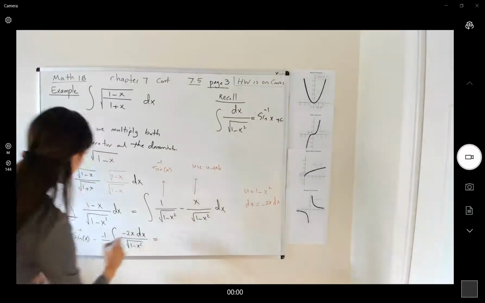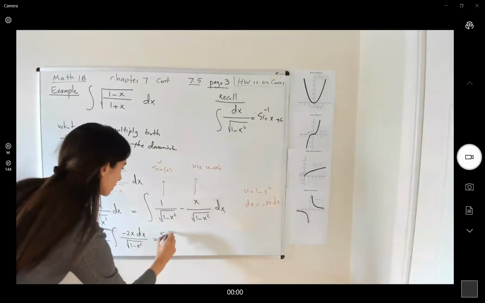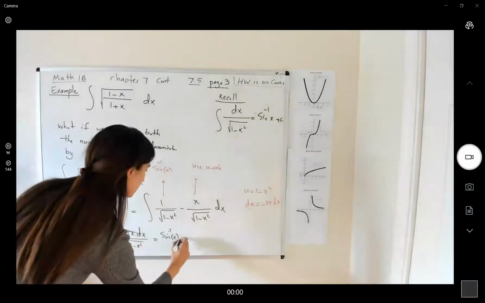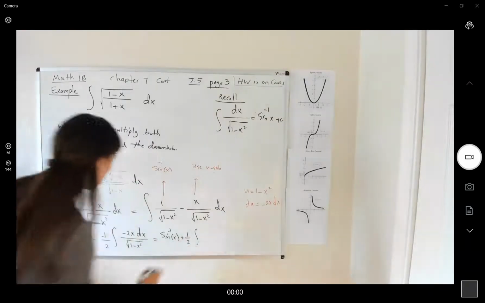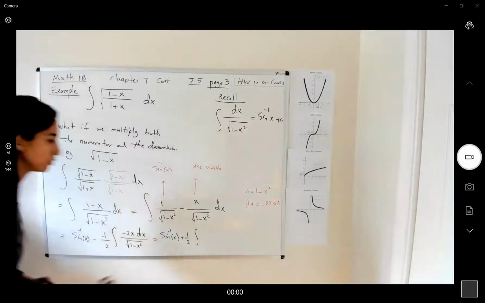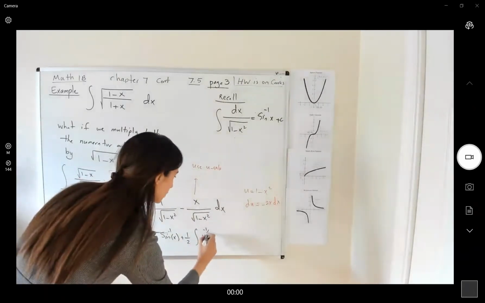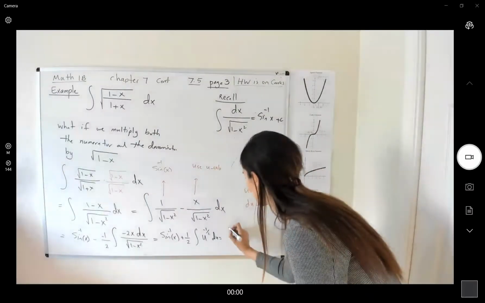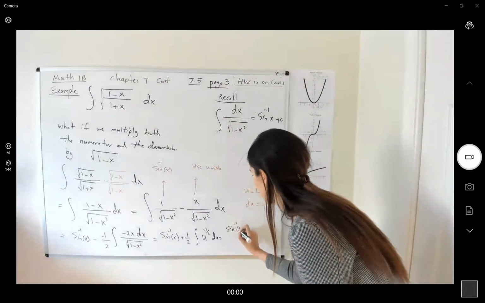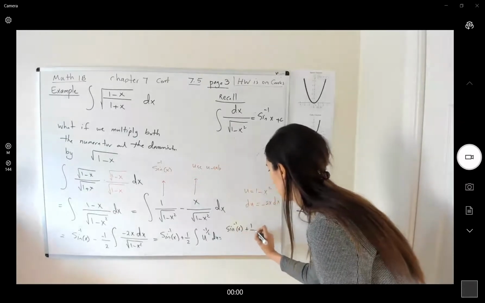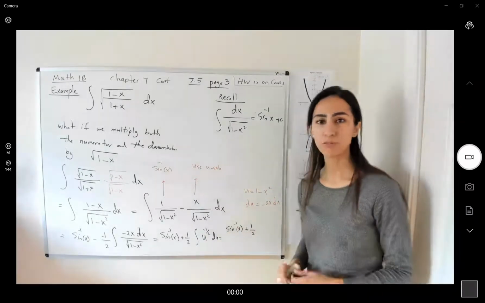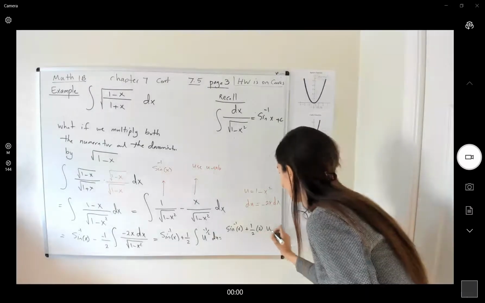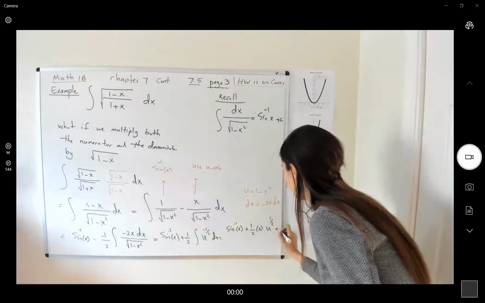So this is equal to inverse sine of x plus a half integral of du over the square root of u, which is u to the negative a half. This equals inverse sine of x plus a half times u to the negative a half plus 1, positive a half, and you flip that, you get 2 times u to the a half, plus c.